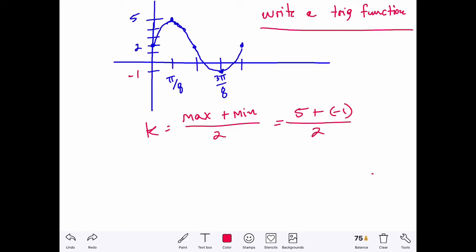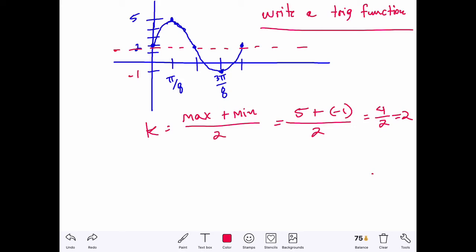Well, 5 plus the -1 is same as 5 minus 1, which is 4 over 2, 2. So I know k, or its vertical shift, is 2, up 2. And notice that's where our midline would be. It's shifted up 2, okay?